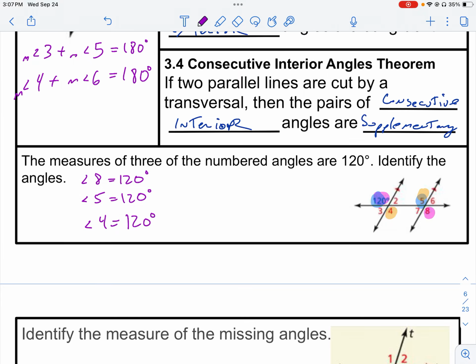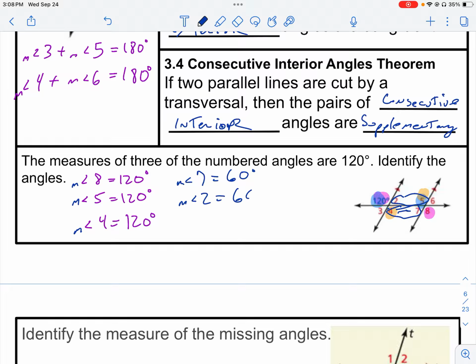Well, since we're here, we might as well find them all. Well, 4 and 7 are consecutive interior. They're supplementary. So 180 minus 120 means the measure, oh, these are measures. Measure of angle 7 equals 60 degrees. 2 and 5.